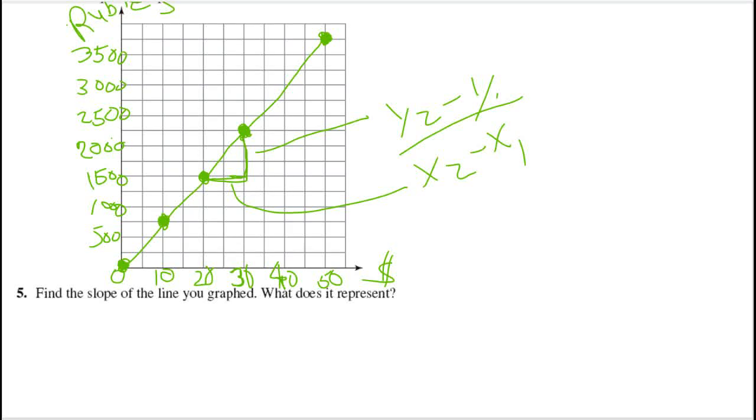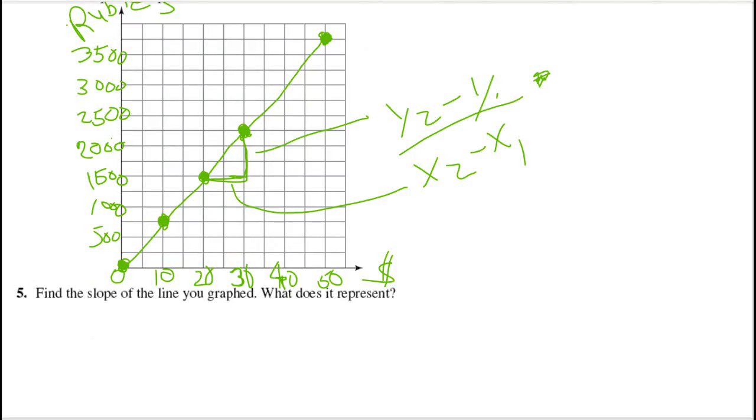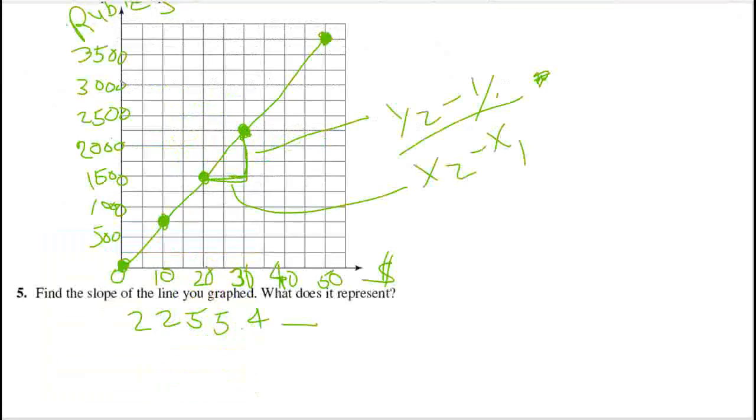And you see the points I've picked. My y2 is going to be 2255, I believe. 2255.4. And the one before it is 1503.6.